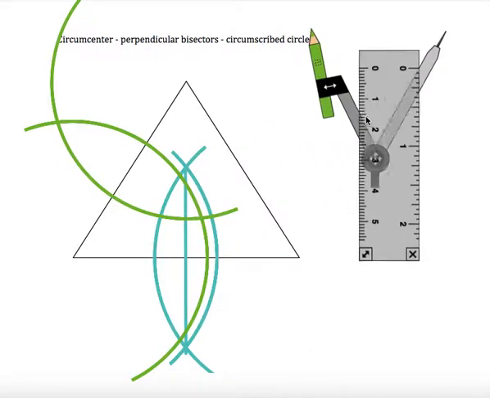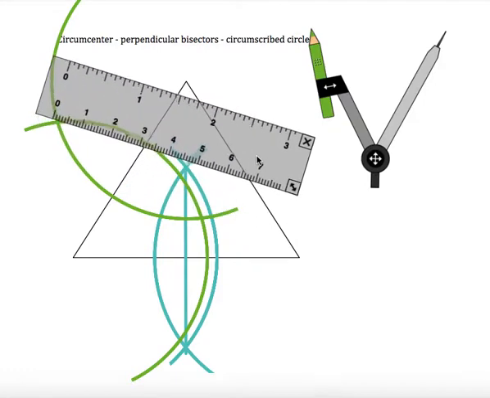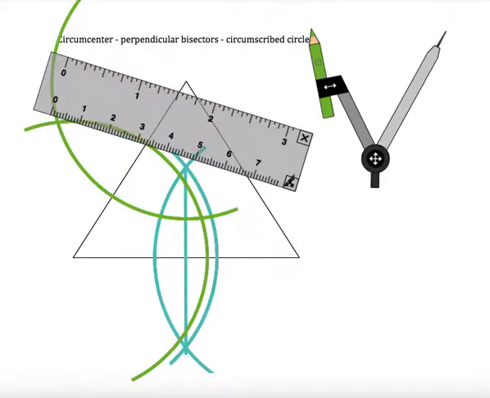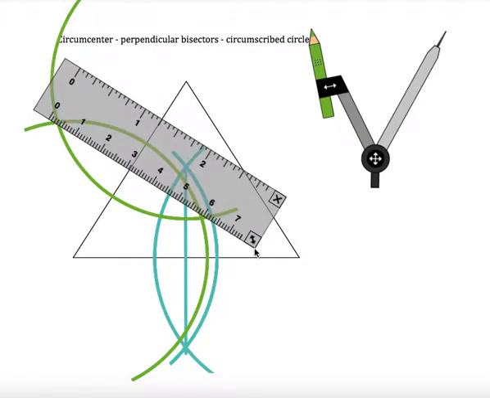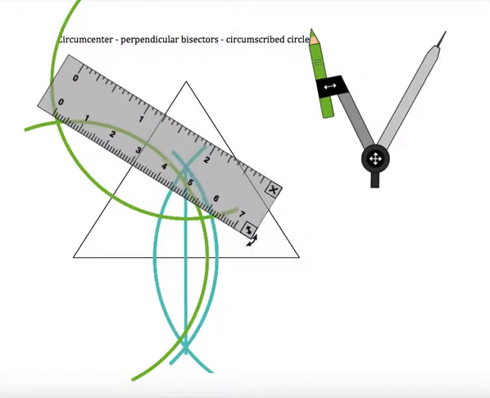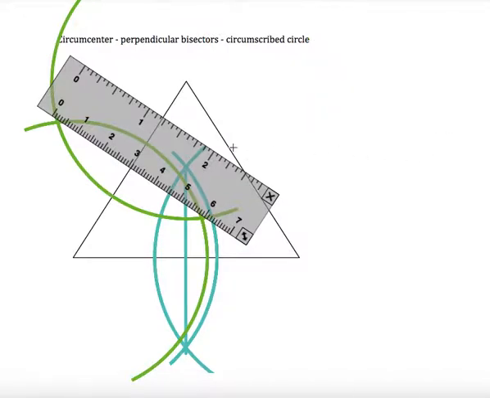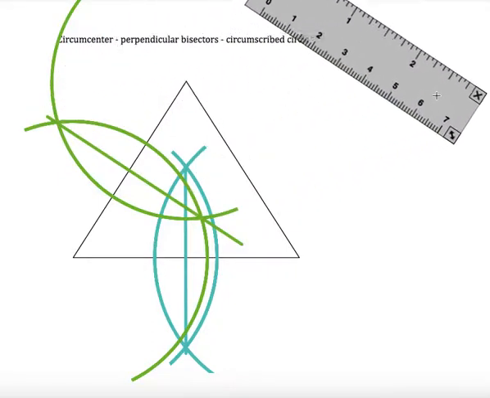And then to create that perpendicular bisector using my straight edge, I will line up those 2 intersection points and draw my straight line. So this straight line should go through both of those intersections.